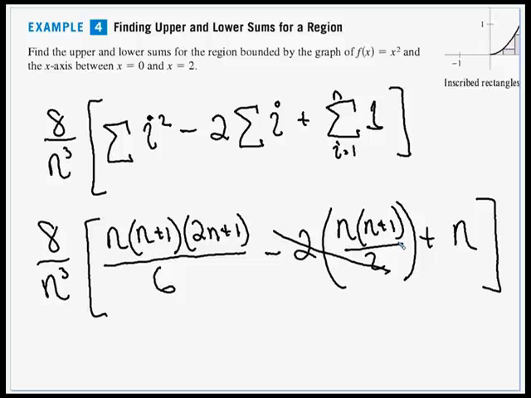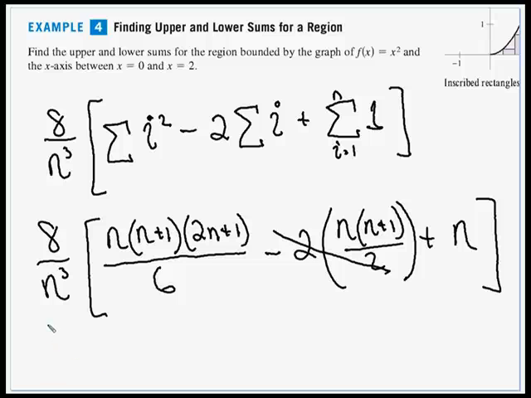And then what we've got to do is FOIL this all out and clean this all up. You could do that on the TI-89. When we FOIL this out and collect our like terms, that's not going to be 8 over n to the third.